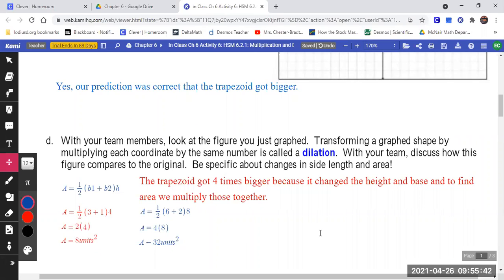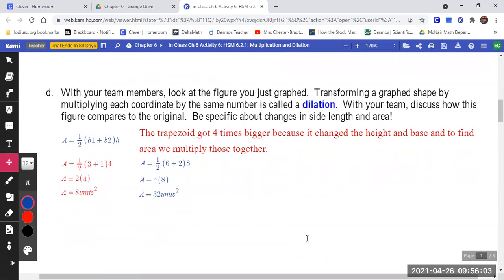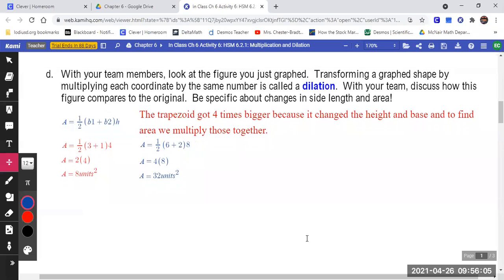Our rectangles, base times height. Our parallelograms, base times height. Our squares, base times height. So everything has to do with that. Both directions changed, and both those directions are used to multiply to make area. Okay? Does that make sense?